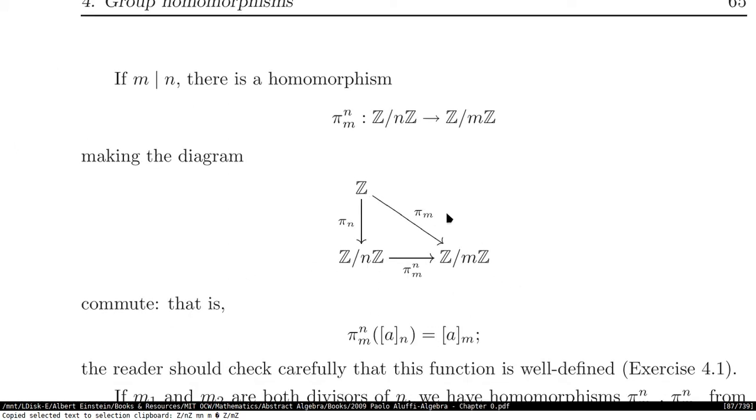And if this diagram commutes, then pi nm of something from here will give you exactly an element here, right? And it's an exercise to prove that this actually is a well-defined function. Okay.